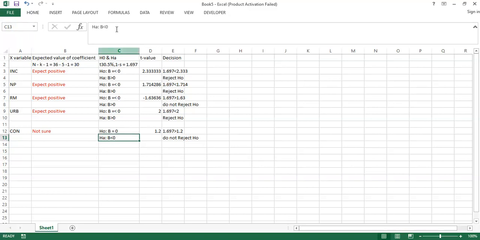The only thing that we don't know is what kind of relationship it is. So it can either be a negative relationship, where our beta is less than 0, or it can be a positive relationship, where our beta is greater than 0.